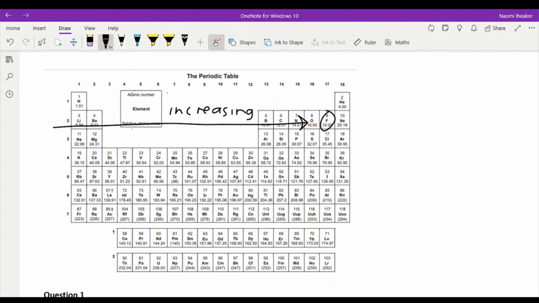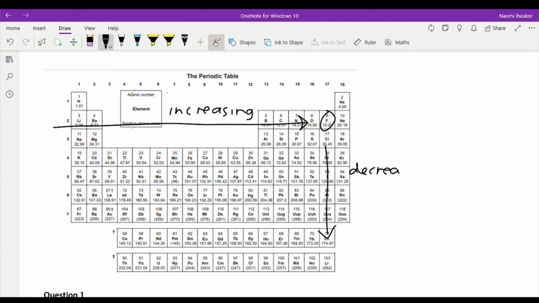And coming up to fluorine this way, electronegativity is increasing up the group, which means that it is decreasing down the group. So as we go away from fluorine, electronegativity is decreasing.